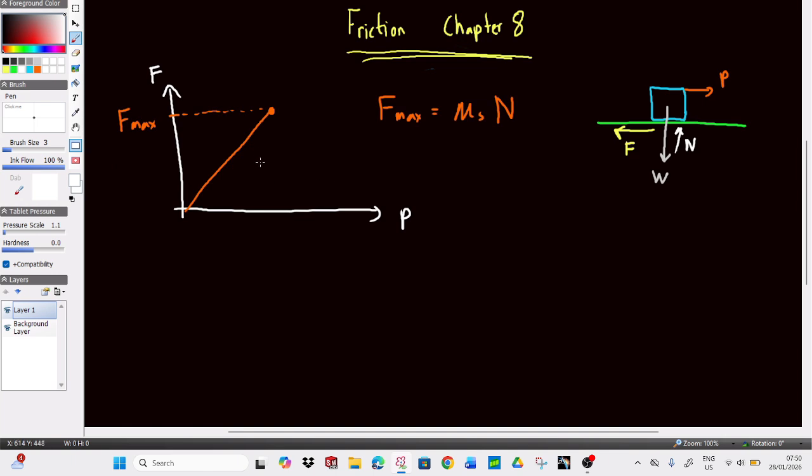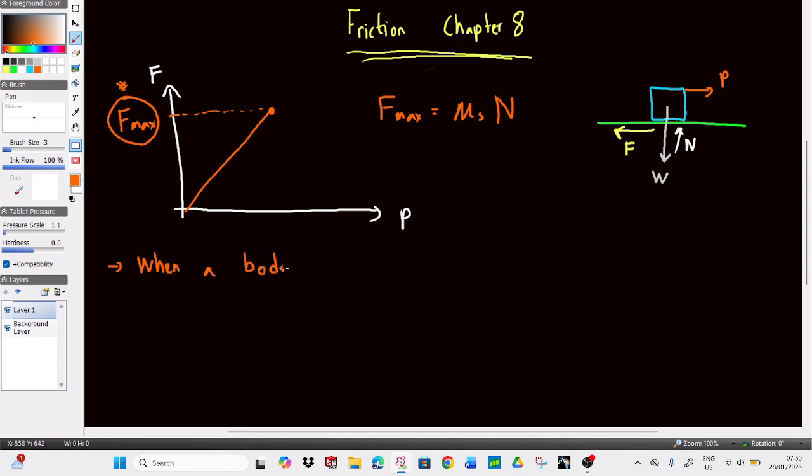Now, what I would like you to know is that for the static case, there are two scenarios that can actually happen. One scenario is where the box would reach our F max.